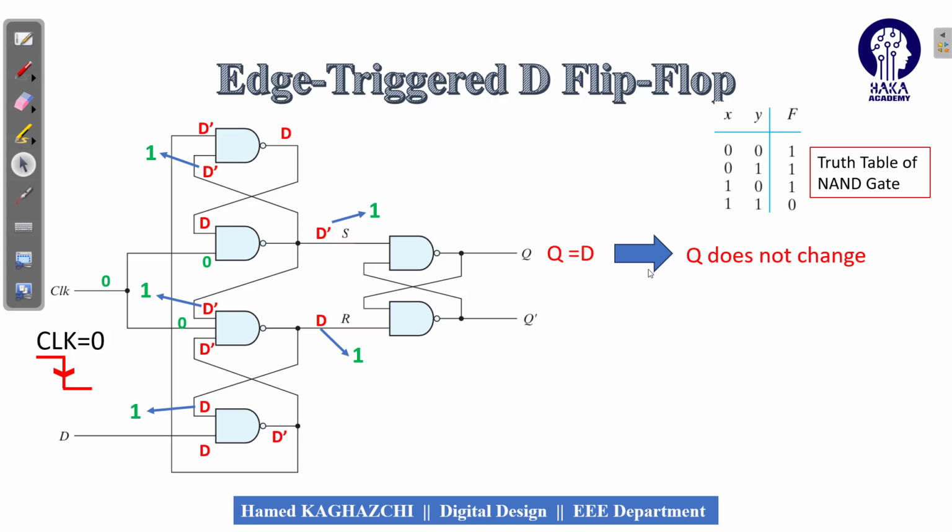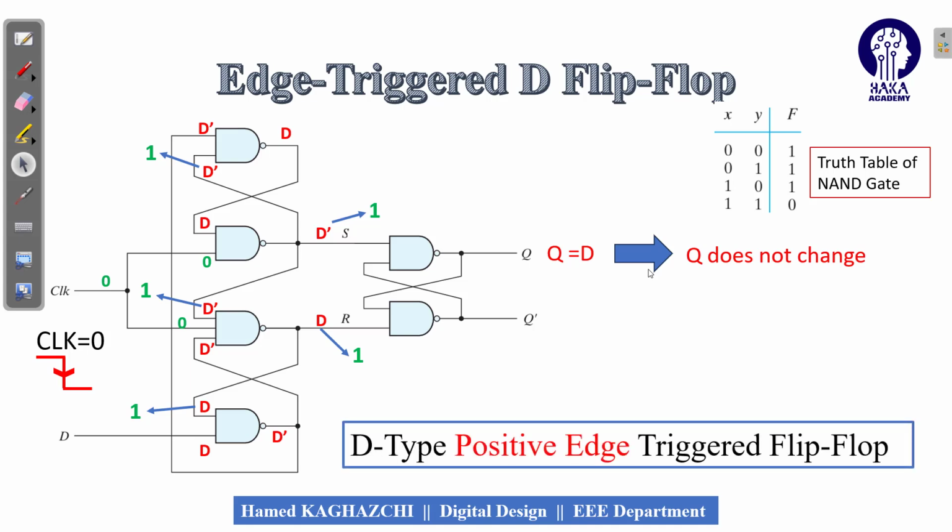Similarly, you can see that because the S and R are again equal to 1, the Q does not change, and we will keep the previous value of Q inside the D flip-flop. You can see that this is the concept of the D flip-flop with negative edge and positive edge.